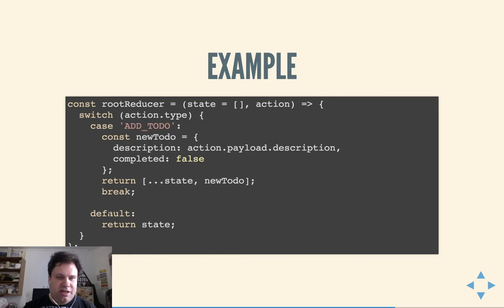And notice that another thing that's very idiomatic of Redux reducers is to use the default case in the switch for cases where you don't know how to handle the action type.